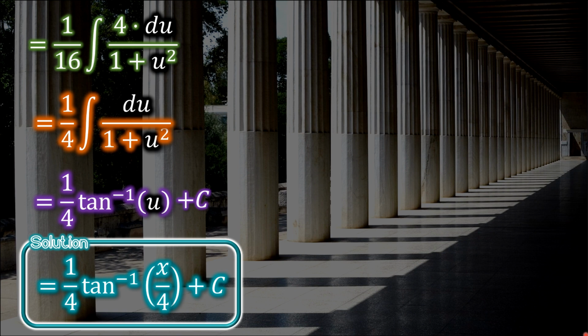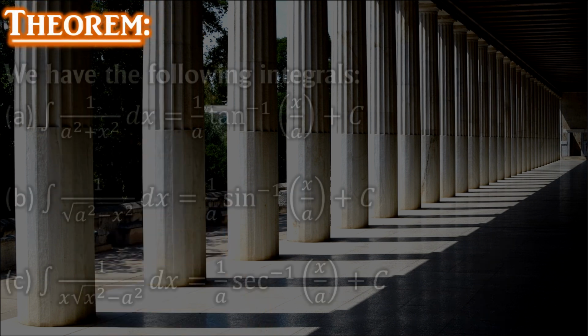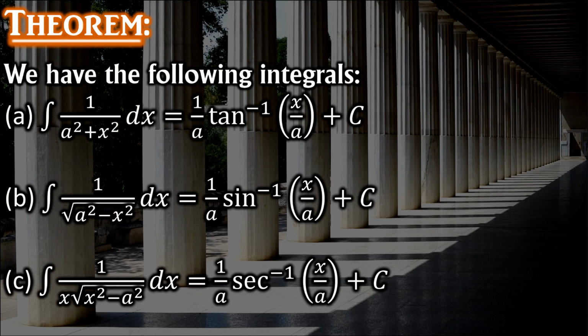That kind of manipulation is vital, crucial even, and it gives us a way of being able to take antiderivatives of things that look like our arctrig expressions. And so I want to summarize the 3 of those with this theorem. All 3 of our major arctrig things have antiderivatives that look very similar to each other.